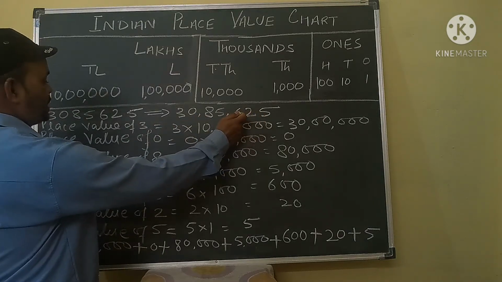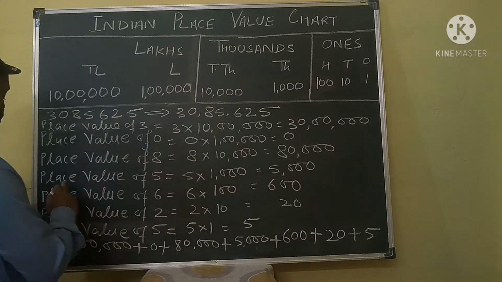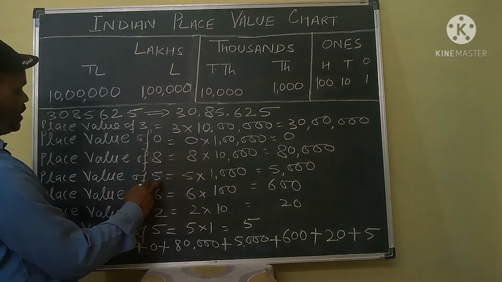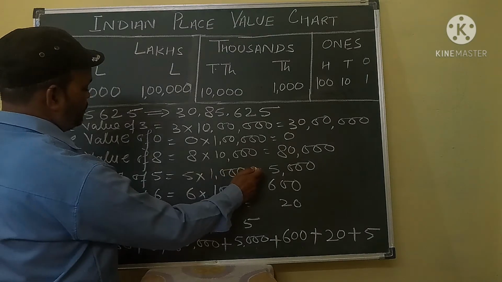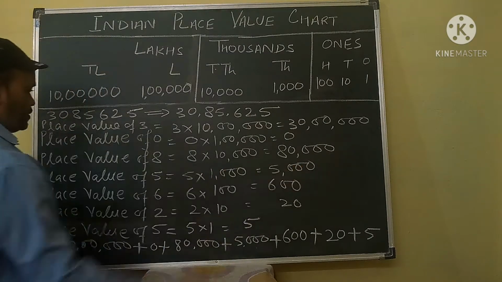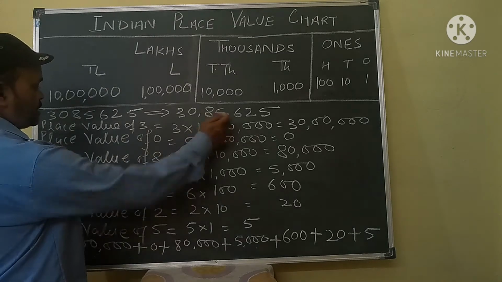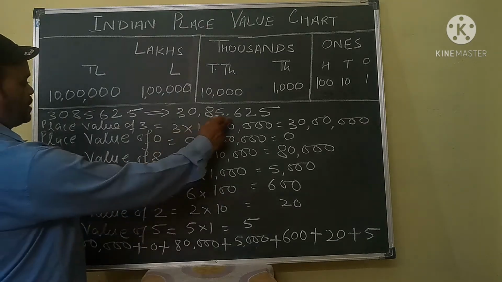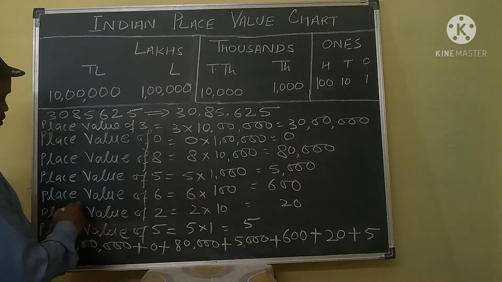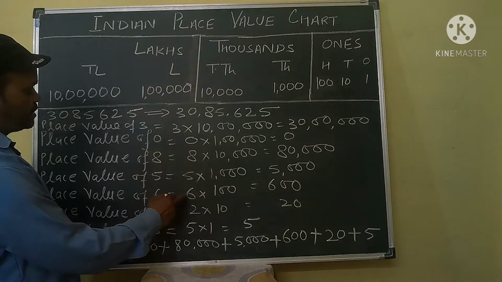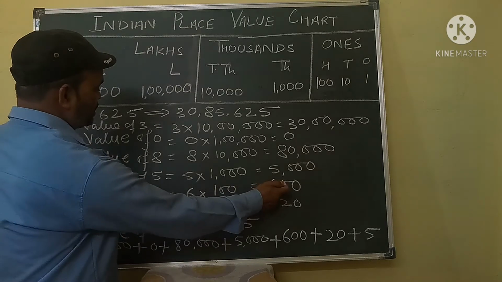Ones, tens, 100, 1000. 5 is in 1000 place, so place value of 5 is 5 into 1000, it will give you 5000. Place value of 6: 6 is in which place? Ones, tens, 100. Place value of 6 is 6 into 100, it will give you 600.